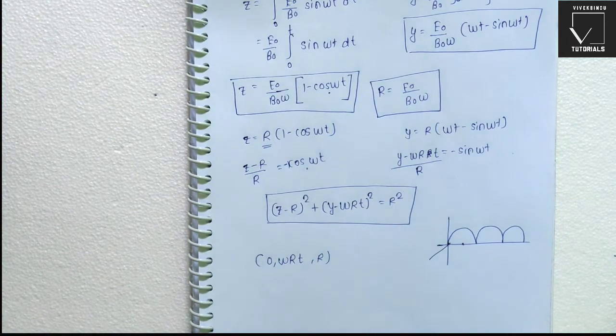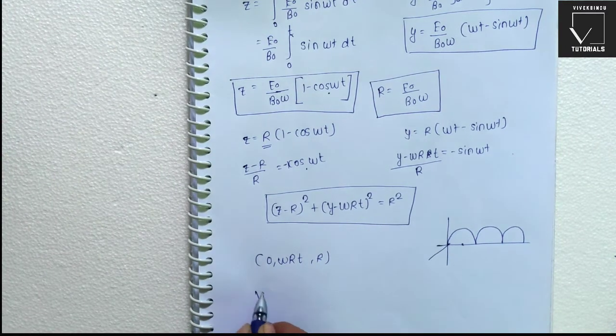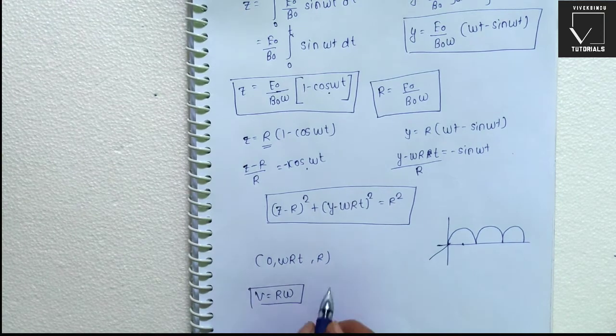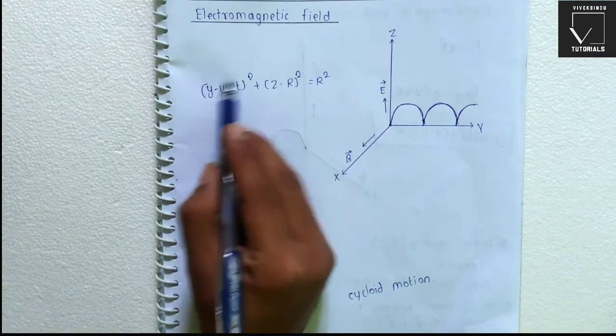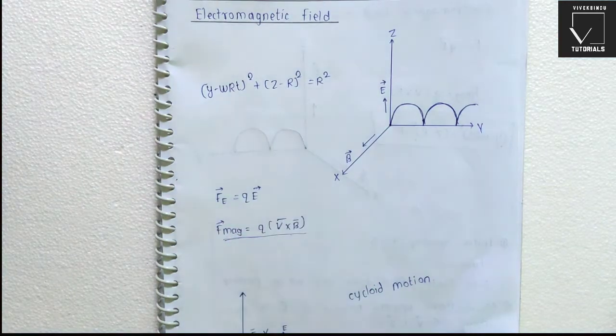These are the coordinates for the center of the circle traced by the particle here, and we have v is equal to r omega, which is equal to E0 upon B0.